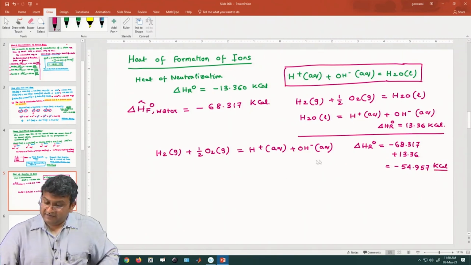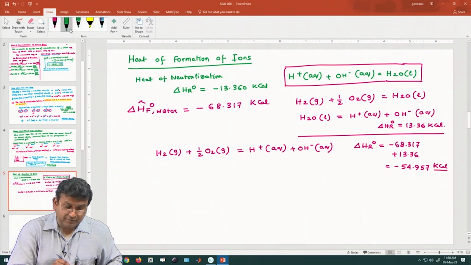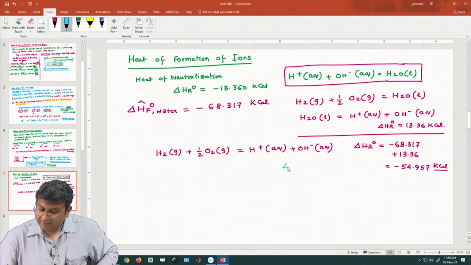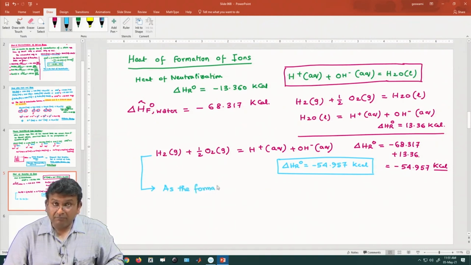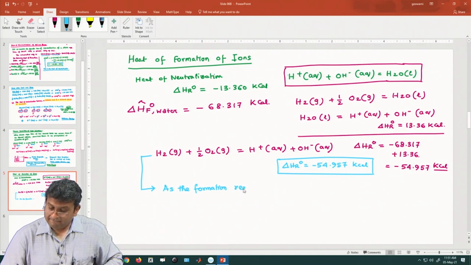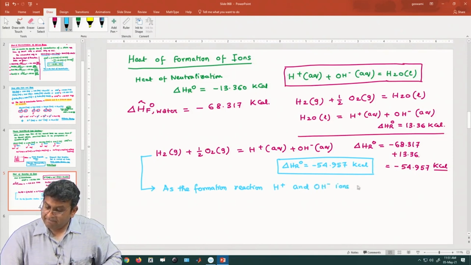Right. So, what exactly is this value? You now see, this reaction we can consider as the formation reaction of H plus and OH minus ions together.